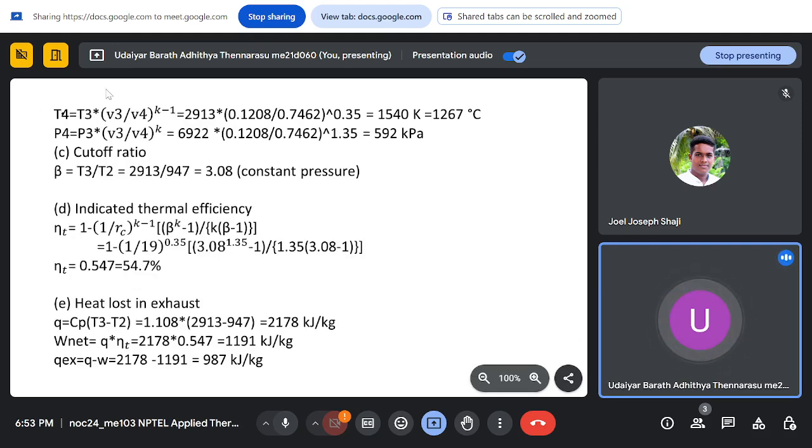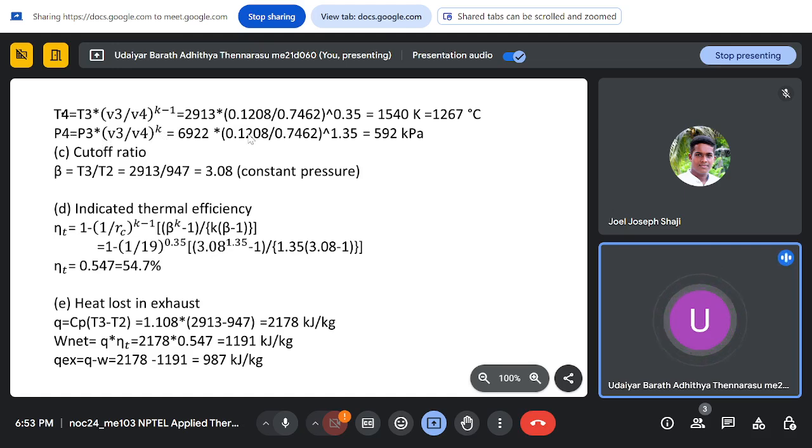So with that, again a reversible adiabatic process. So T4 equals T3 into V3 by V4 raised to power gamma minus 1. So this comes out to be 1267 degrees Celsius, and P4 is again P3 into V3 by V4 raised to power gamma.